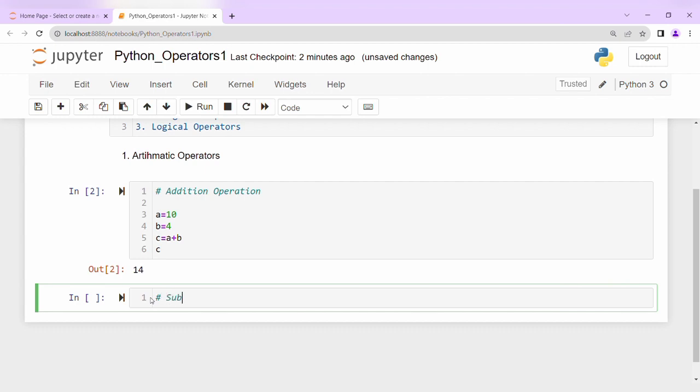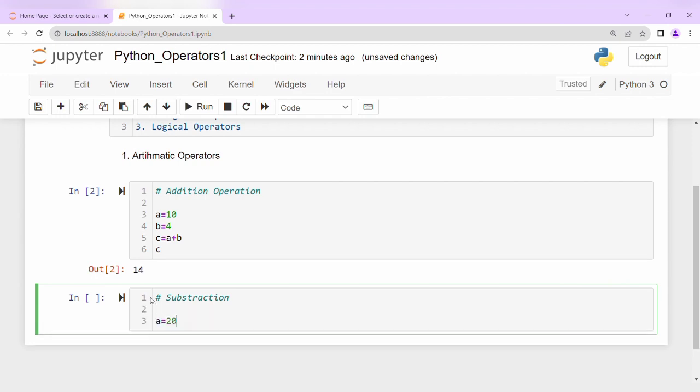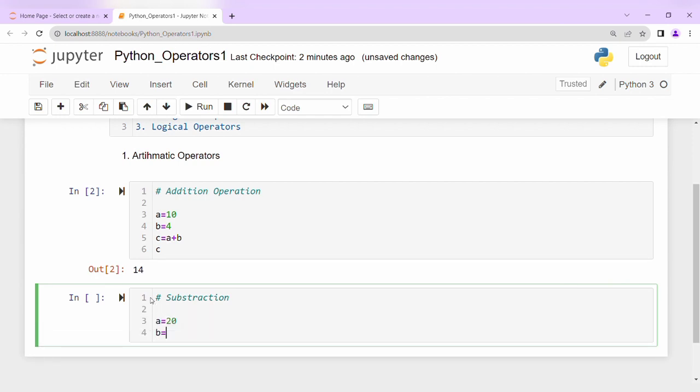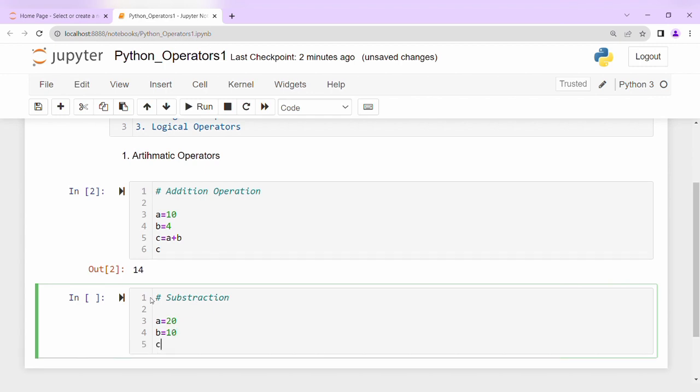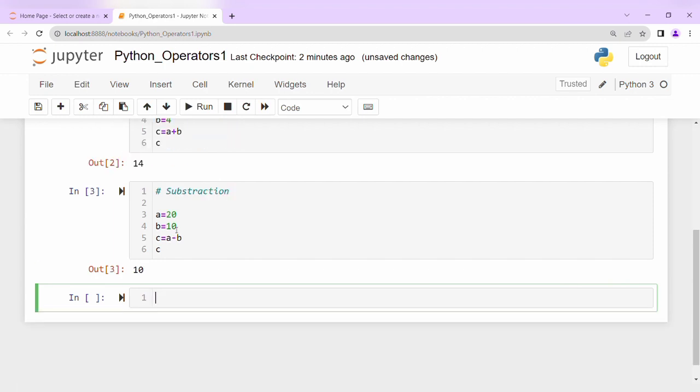Second one is subtraction. Take A is equal to 20, B is equal to 10, C is equal to A minus B. Display value of C. So A is 20, B is 10, so C is equal to 10.